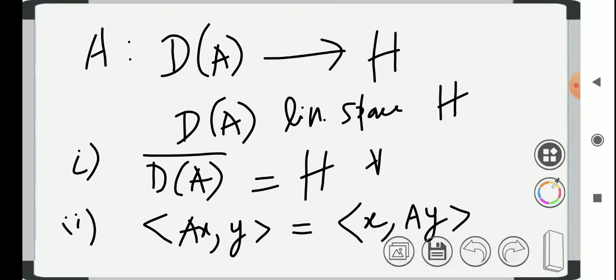This should hold for all x, y in our Hilbert space H.